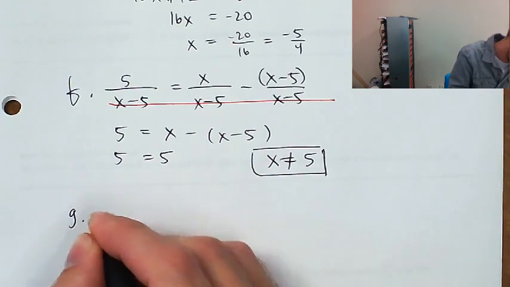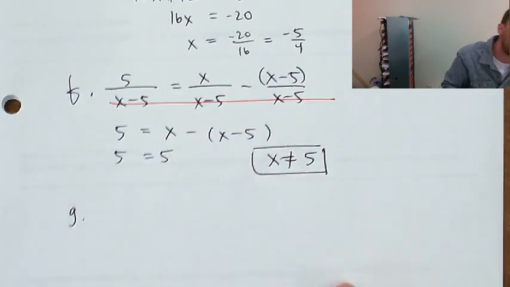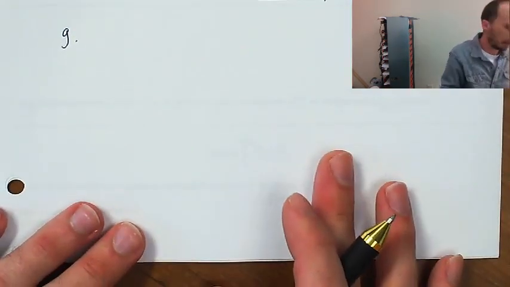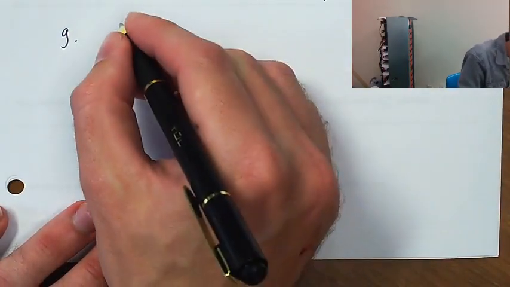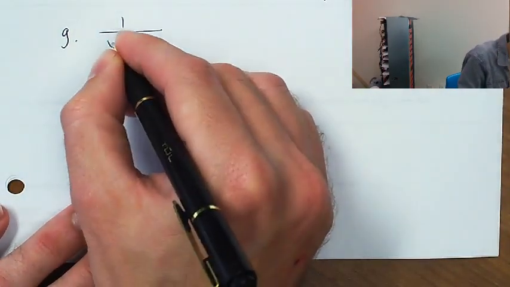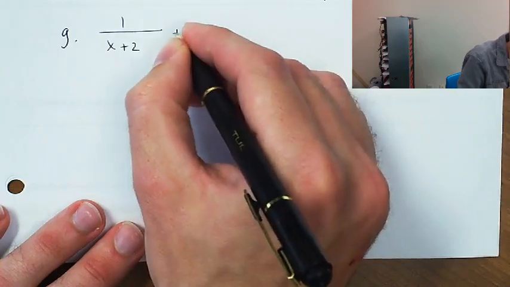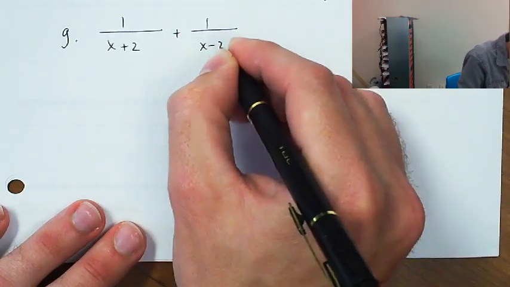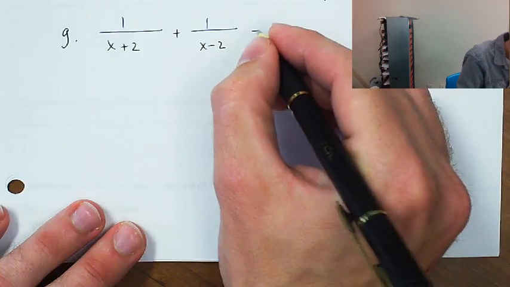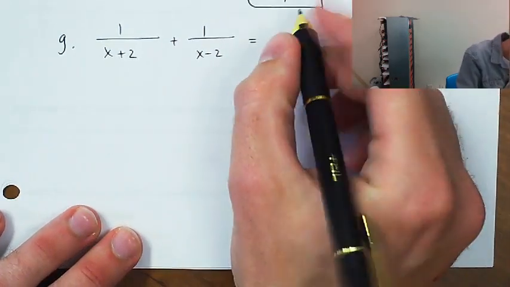All right, G, this is another one that's going to be pretty annoying. Maybe I'll try to think of a way to go about this a little faster. So 1 over x plus 2 plus 1 over x minus 2 equals 3 over x plus 1.